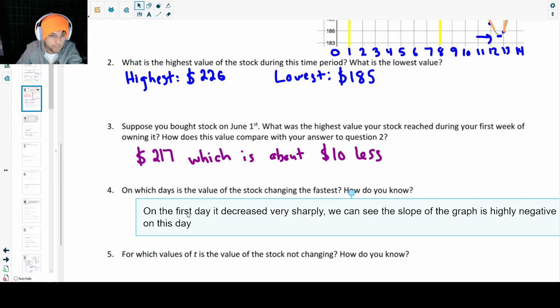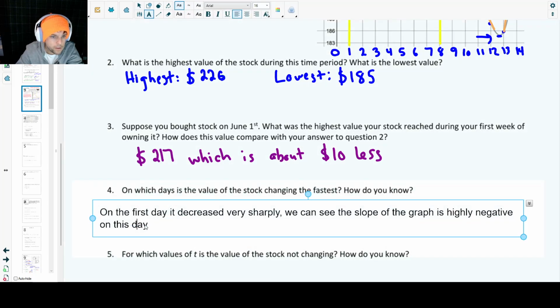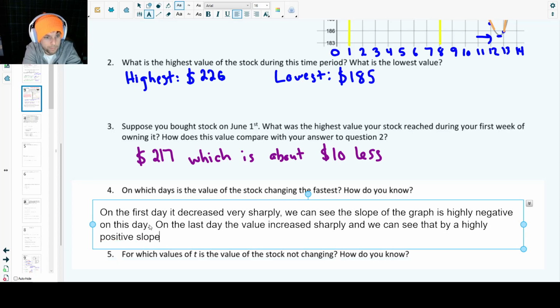Go ahead and get that back on my screen here. On the last day, the value increased sharply. We can see that by a highly positive slope.